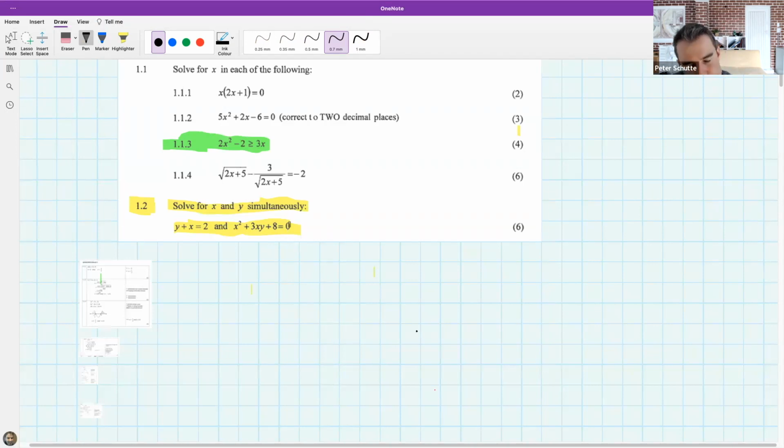I always think that simultaneous equations normally have a harder one and an easier one. And so for me, the easier one here is the one that I initially focus on.